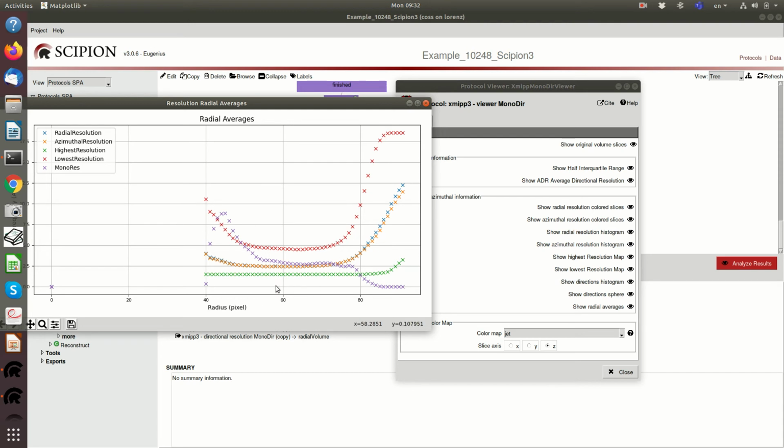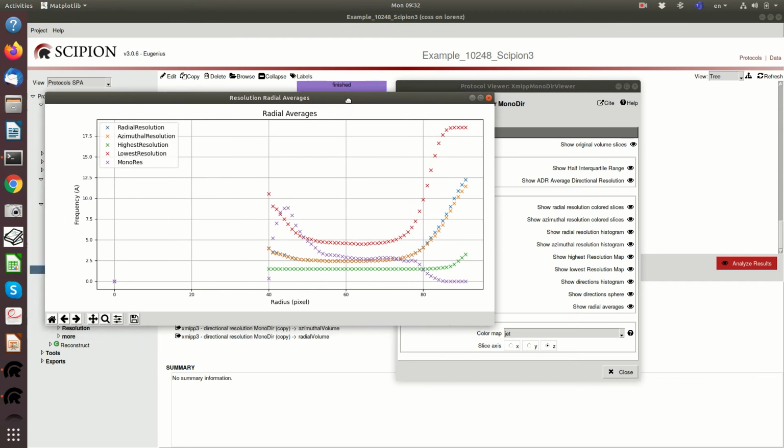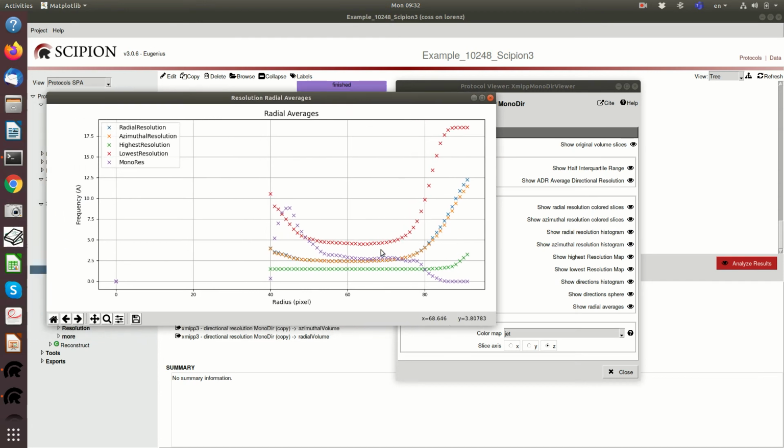So that is this central region, and we see that this is extremely flat, meaning that for all those areas, the slope of this curve is related to the uncertainty of the angular assignment. So we have a very good angular assignment.